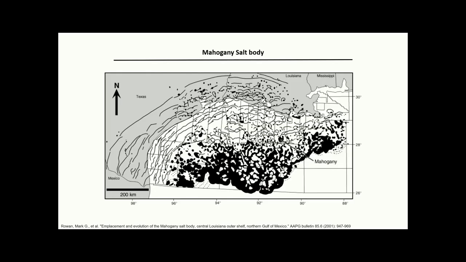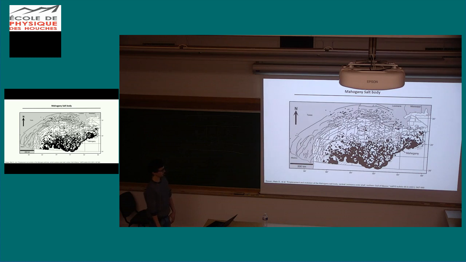So the mahogany salt body is, as I said, located in the Gulf of Mexico. So here you have an overview of basically the northern part of the Gulf of Mexico, and all this black stuff is salt, and you can see there are also some faults, and the mahogany salt body is indicated with this gray arrow on the right side.